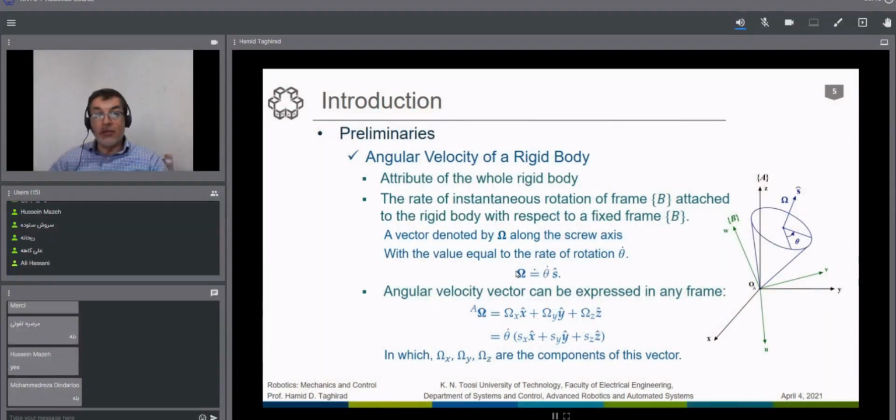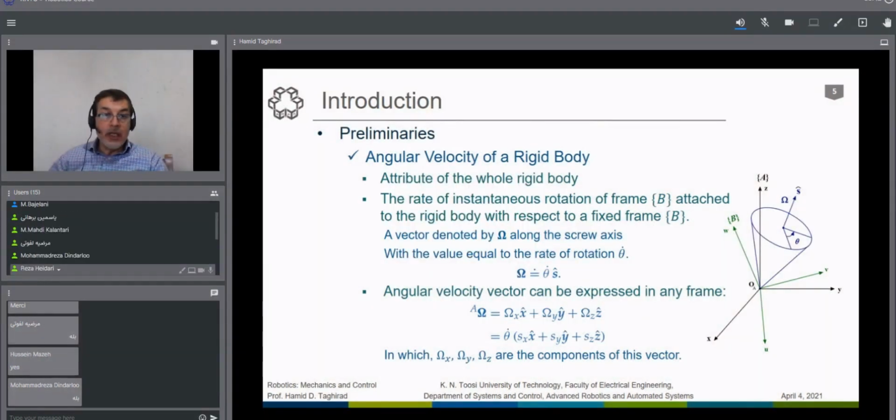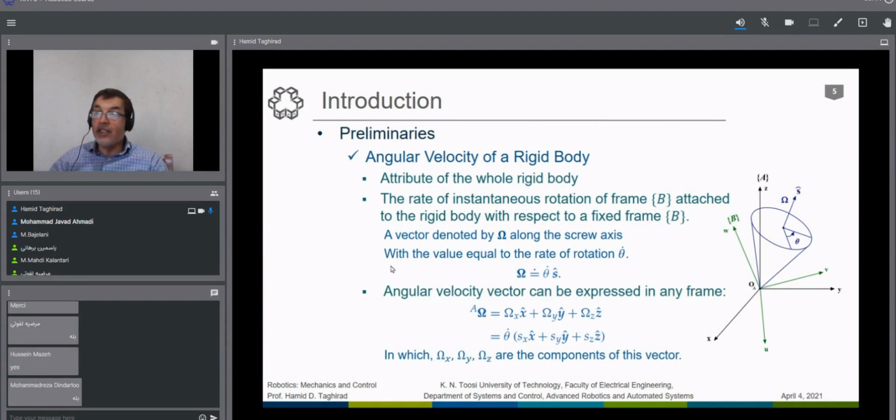So we have this idea of angular velocity of the whole rigid body, represented by the components omega x, omega y, omega z, which are nothing but theta dot times sx, sy, sz. The amplitude is given by theta dot, and the direction is given by the screw axis.